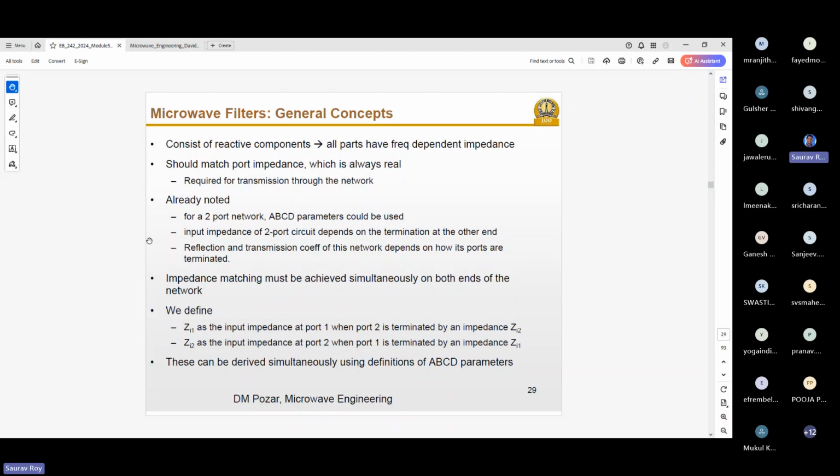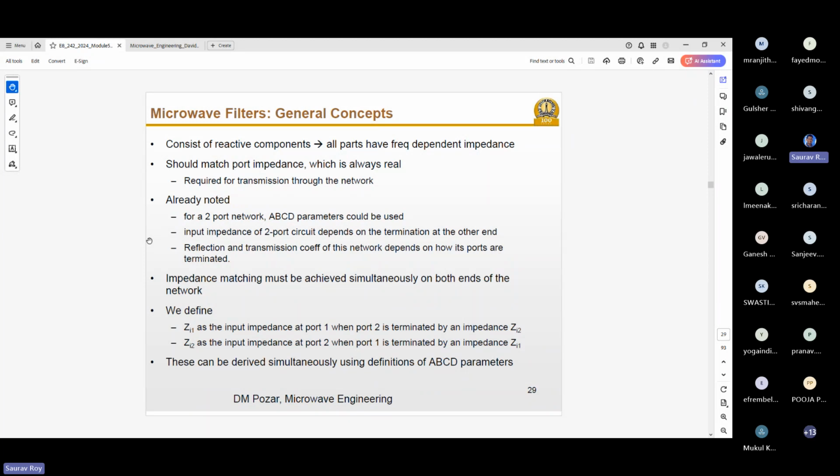That is done through particularly two different parameters. One is the image impedance or ZI, which can be linked to the characteristic impedance or the load or source impedance, and the other one is propagation constant or gamma.